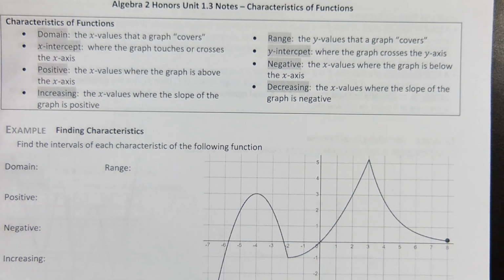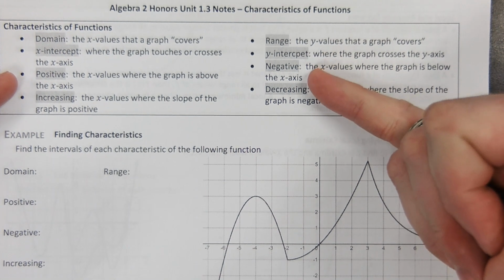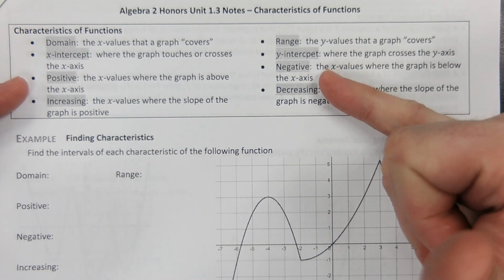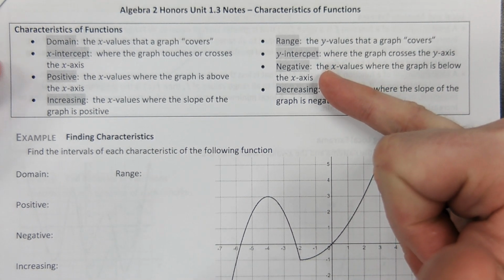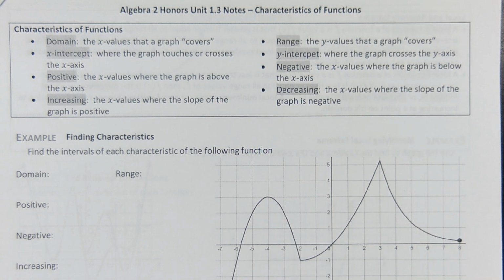X-intercept is where you cross the x-axis. Y-intercept is where you cross the y-axis. Alright. So positive and negative is going to be the interval of values that describe where our graph is above the x-axis and where our graph is below the x-axis. What do I mean by that? I mean like this.